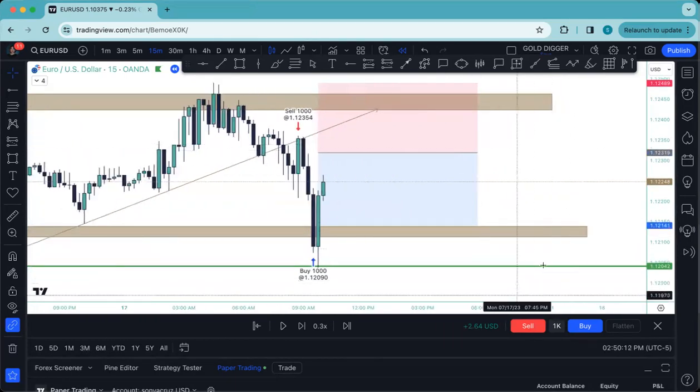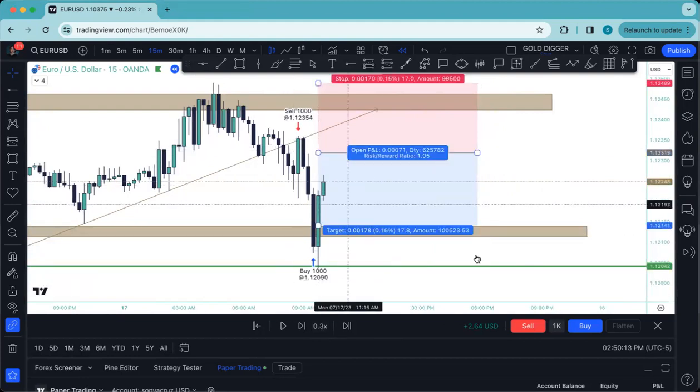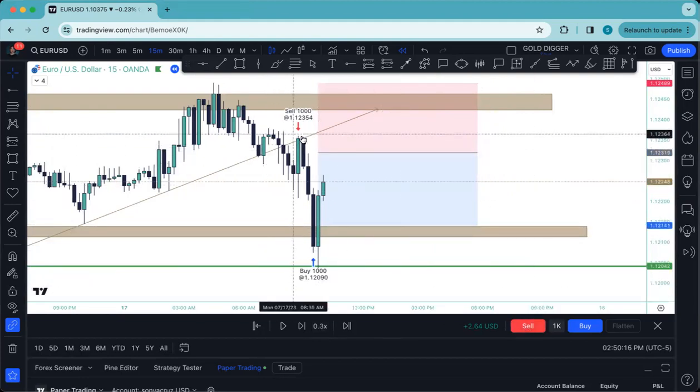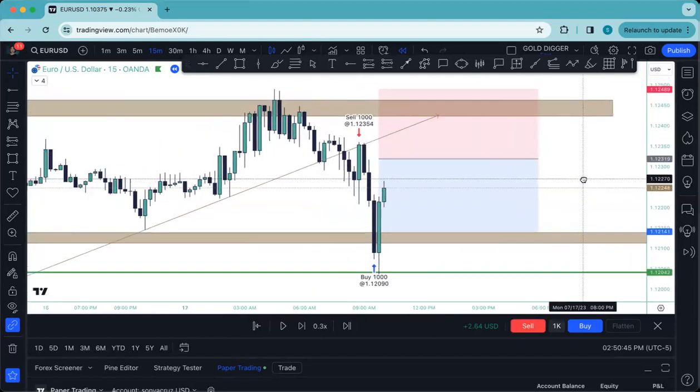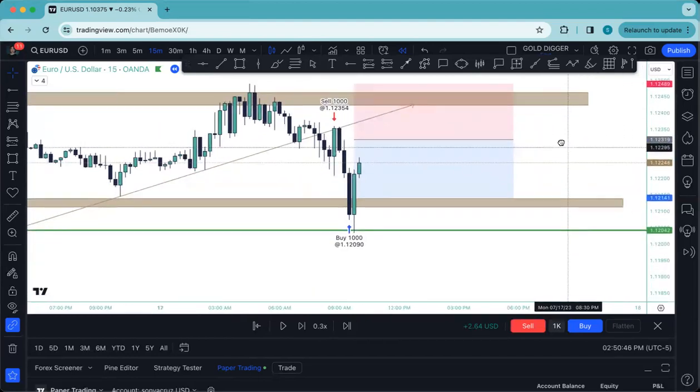I mean, it went pretty fast, right? So it's pretty simple, right? You want to take a sell, you'd hit the sell. You want to buy, you'd hit the buy button. If you want to get out of the trade, you would flatten it, okay? And then it says buy right here, but it just means that you got out of the trade right there. So that's how you utilize that.